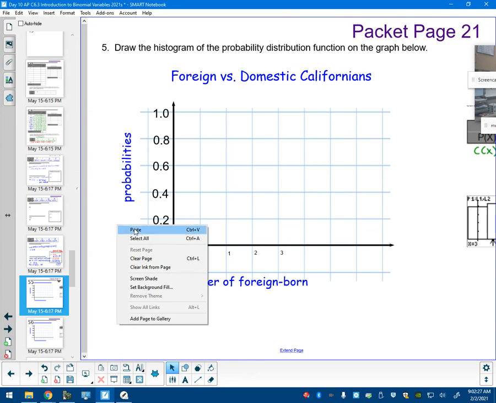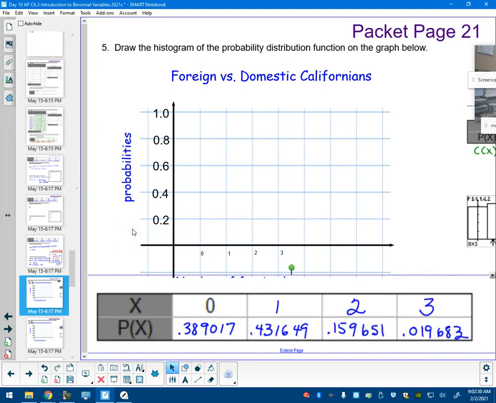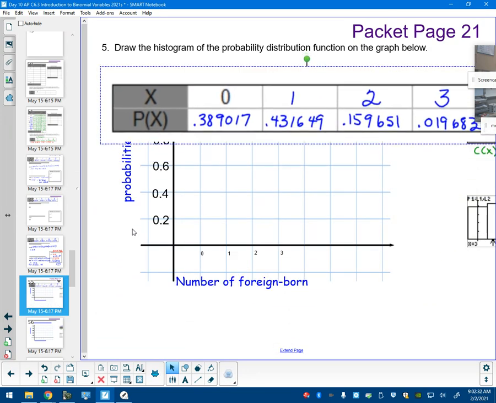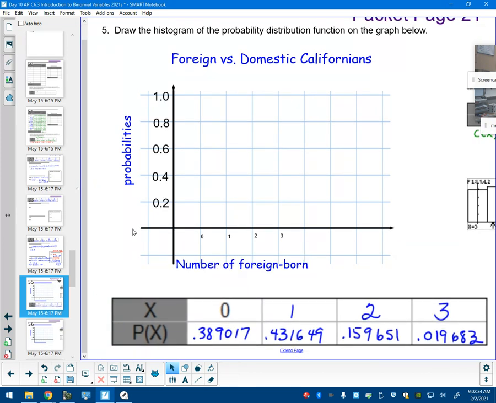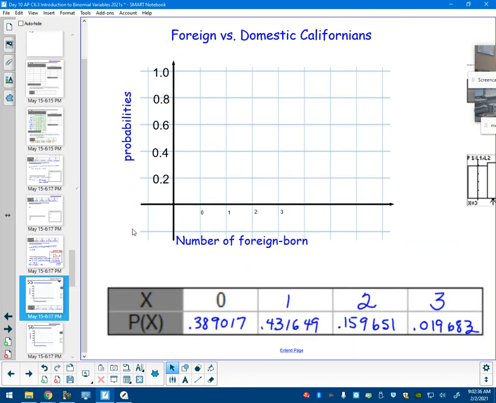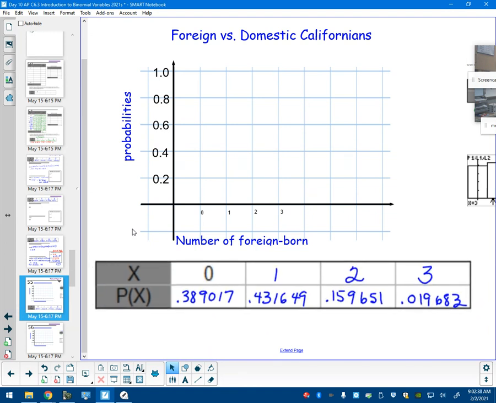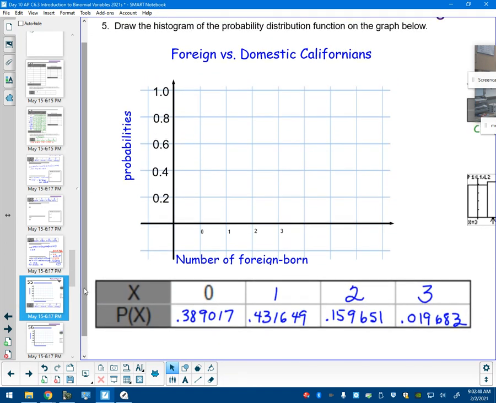And let's graph that. Right here. So 0 goes up to 0.389. At 0, I should go up to 0.389, almost all the way up to 0.4.